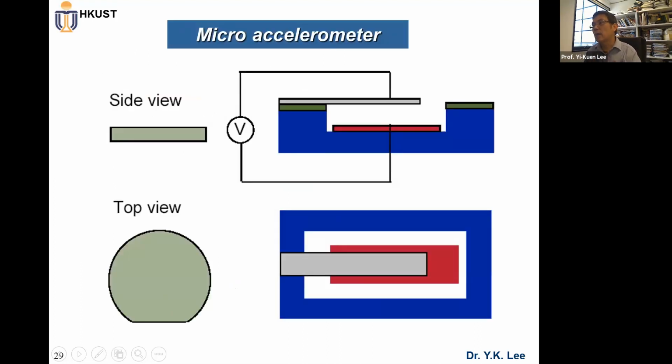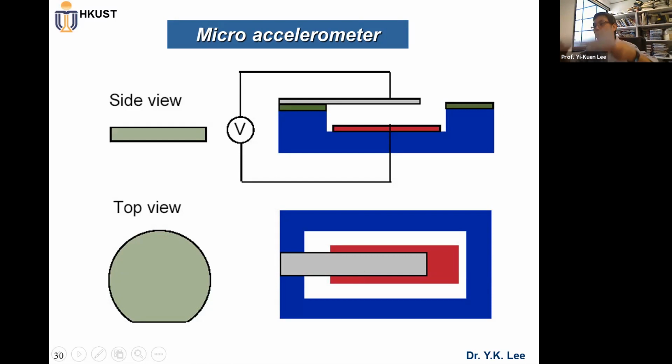Okay, and of course, we'll also quickly show you about the accelerometer. An accelerometer is a sensor to measure acceleration. So the sensing idea is very simple. Basically, you have a micro mass-spring system. Here we have a mass, and this is the spring. Once you have input vibration, what happens?